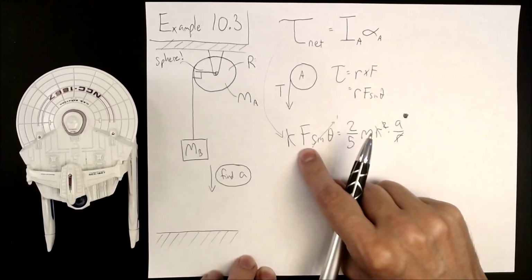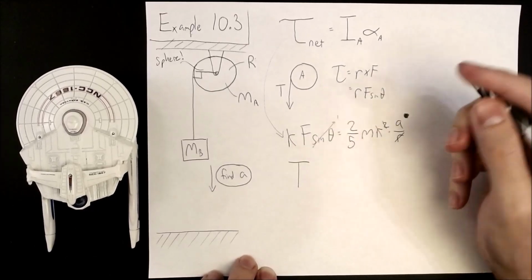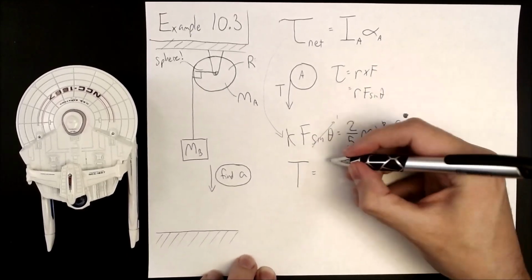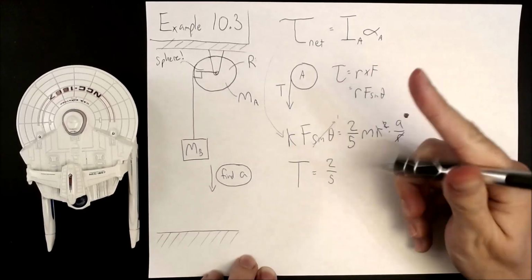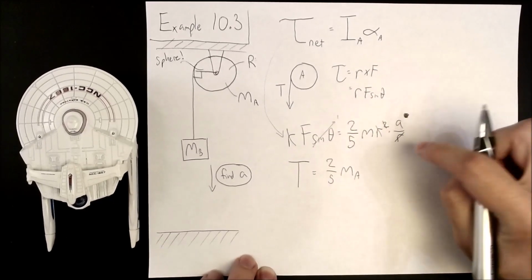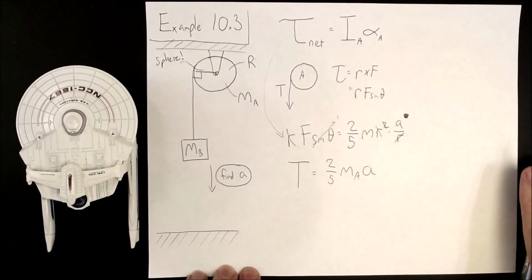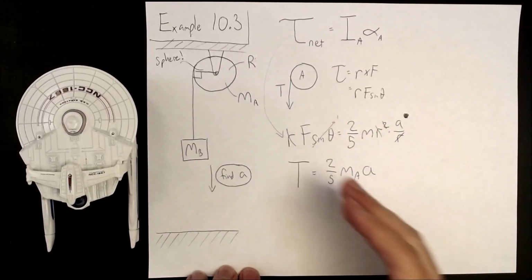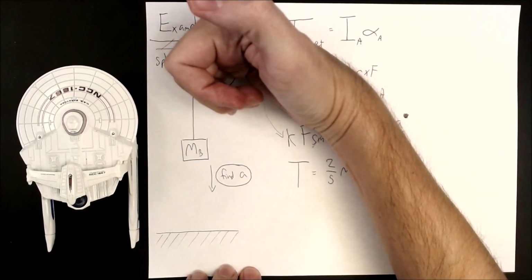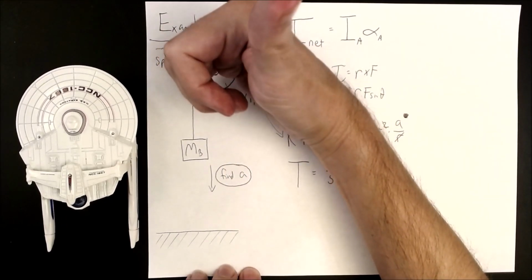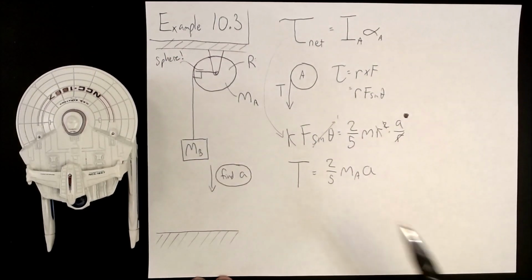And what kind of force is it? That's the tension. So I should replace that F with a T because it's the tension that's acting on it. And that is equal to 2/5 times the mass of A times the acceleration. Now, is this acceleration positive or negative? It's going around like this, and so my thumb is pointing out, therefore it's going to be a positive acceleration according to this.